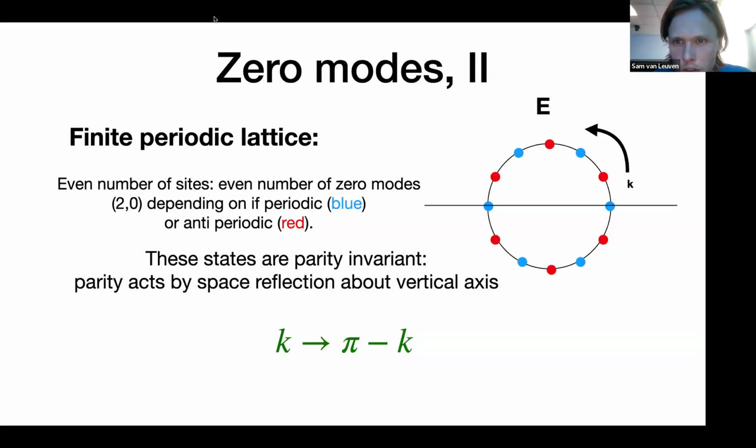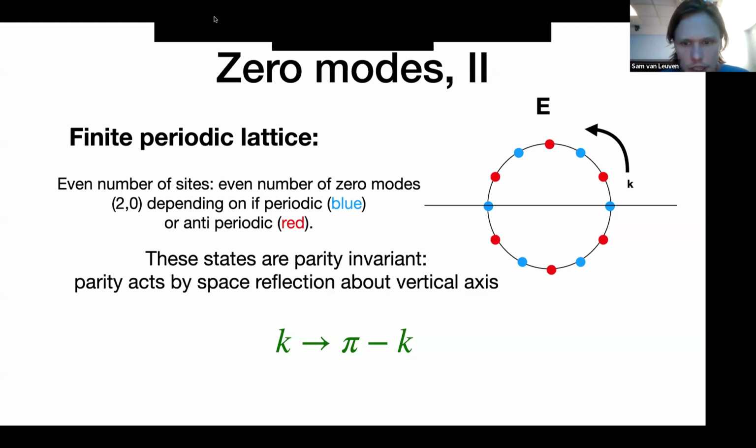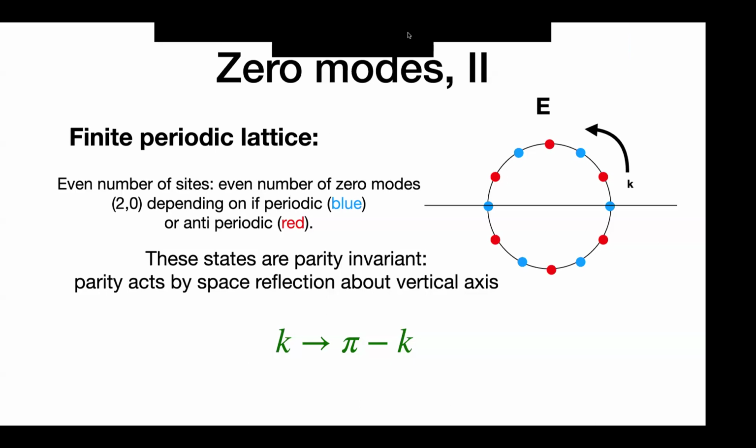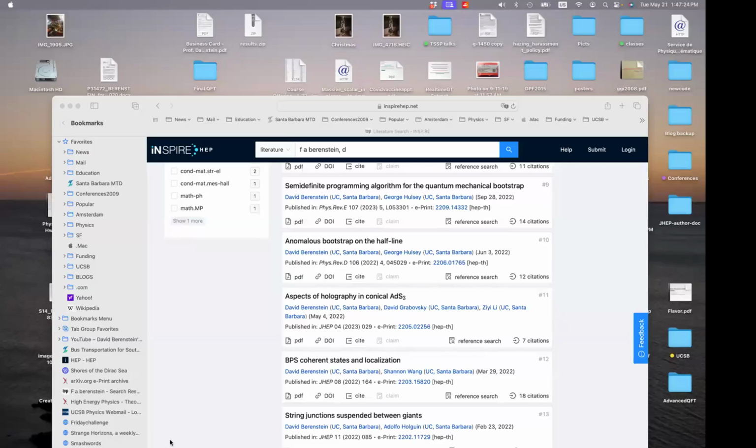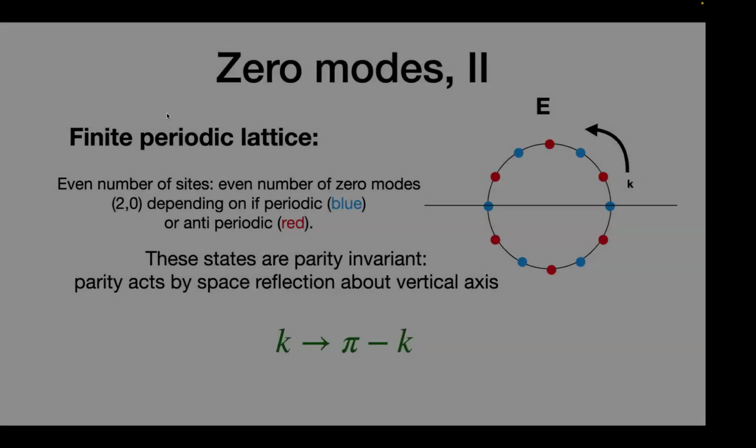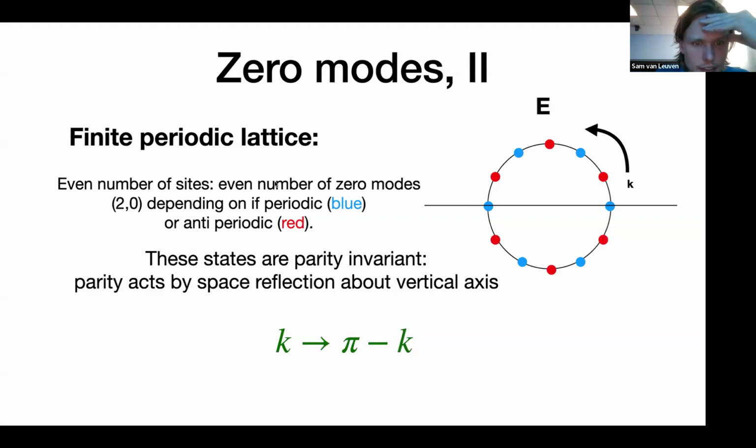Maybe it helps if you share your entire desktop and then just maximize your screen. Okay, let's try that again. Sorry about that. No, it's okay. Share screen, the whole desktop. Okay. Let's try it like this.